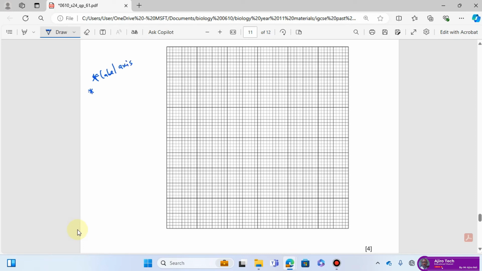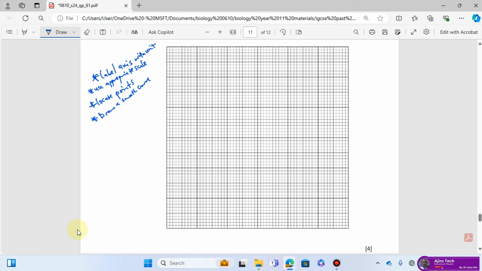That's 1 mark. You have to use appropriate scale. Then you locate your point, and draw a smooth curve. These are the things to do when you are making a graph. When you label your axis, you have to include unit.